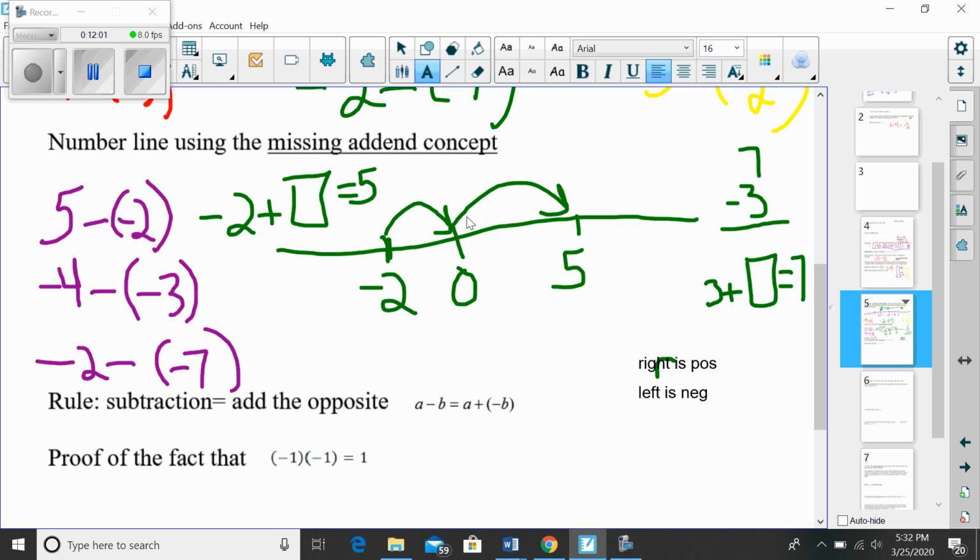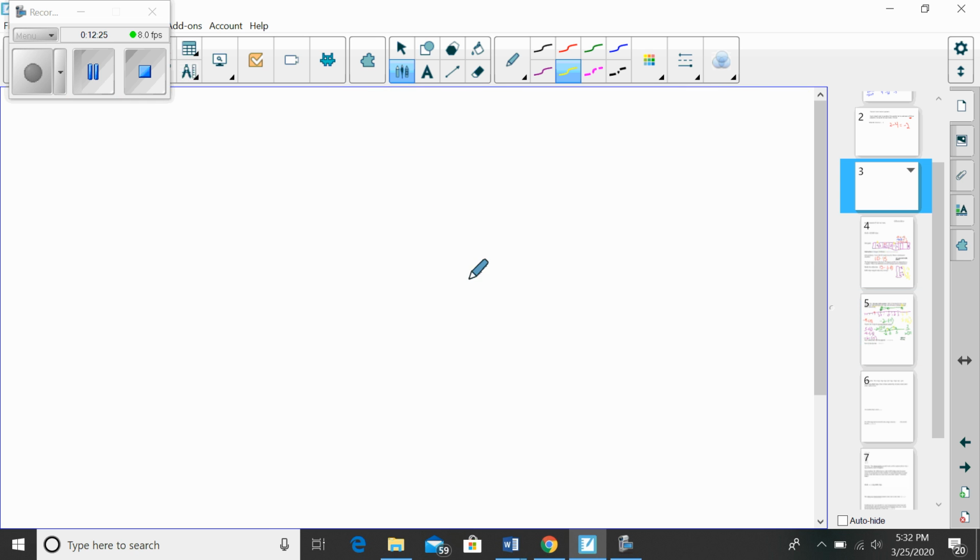So this would be 2 units here, 5 units here. I have counted up 7 units to get from here to here. All right, I'll do one more with you, and then you can try the last one. I'm kind of running out of room, so I'm just going to open a new page.